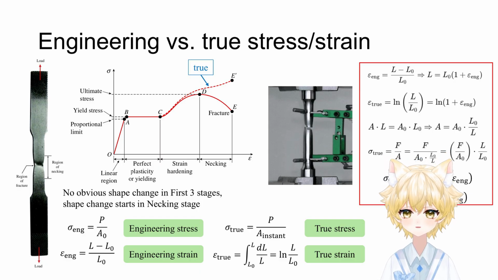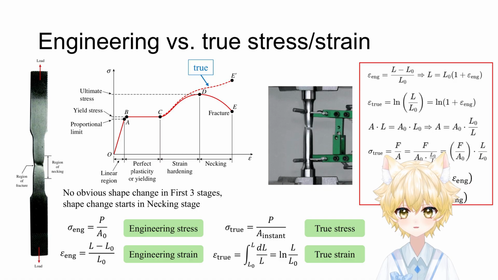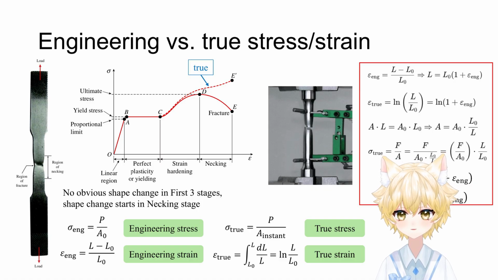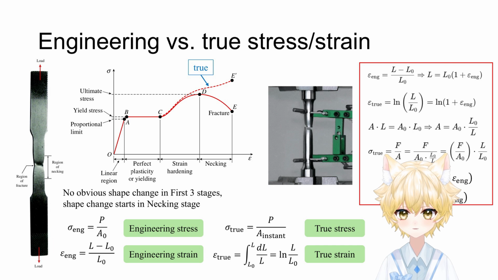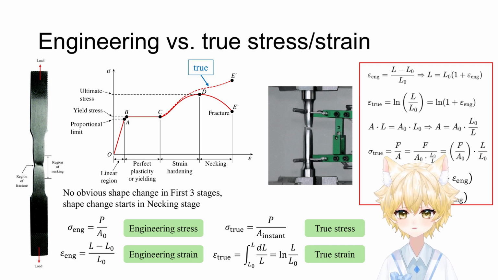However, something important happens once the material enters the necking stage. As you can see from the specimen image, after necking begins, the cross-sectional area is no longer uniform and no longer equal to the original area. At this point, engineering stress starts to underestimate the actual stress inside the material.